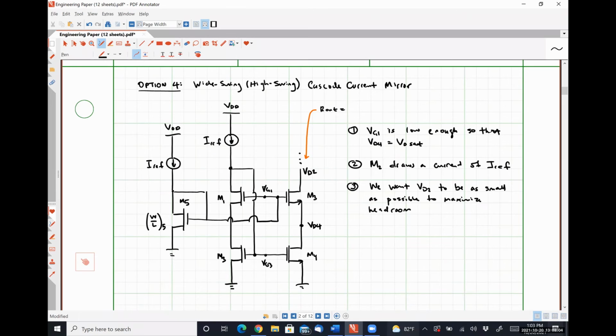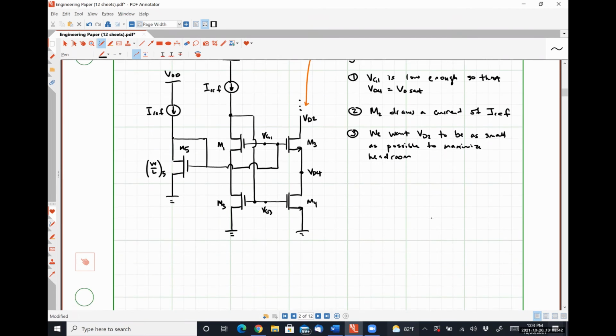Short answer is no. Everything to the left of the gates for M3 and M4 is just biasing stuff. It's generating specific DC voltages, right? So we are still going to get exactly gm rout squared if M1 through M4 are identical. So we get the exact same output resistance as our previous deal. Now we're just trying to clean up our headroom requirements a little bit, all right?